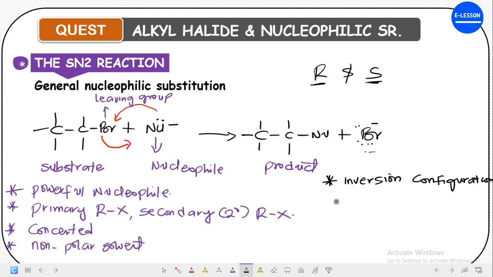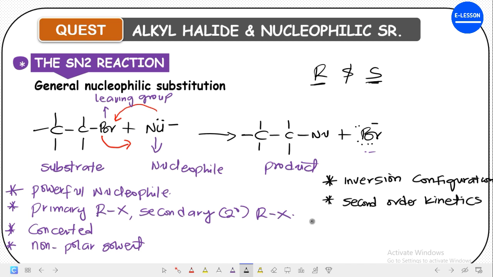Now, another feature of SN2 is the kinetics. It is second order kinetics. That means it uses the substrate and the nucleophile.